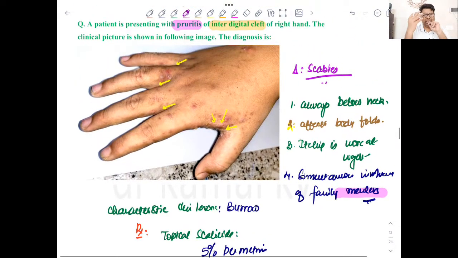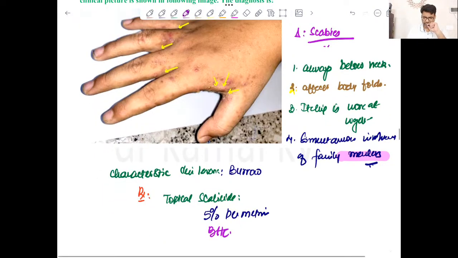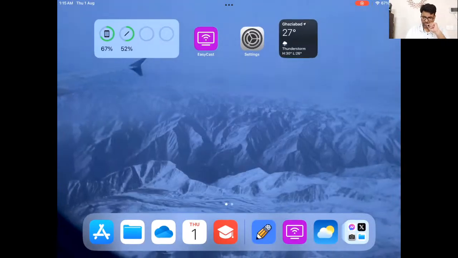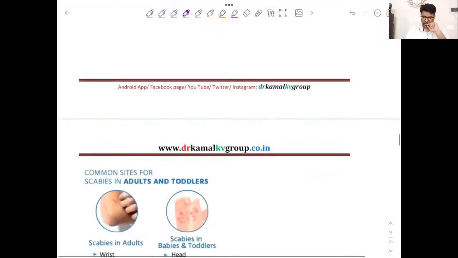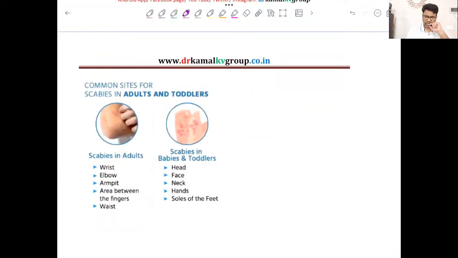And the moment you have any case, yes, Shanawaz, 5% permethrin, any case who is complaining of itching, especially more at night and involving the body folds, don't hesitate to choose scabies as your answer. Chalo. Next question. So here you can see in adults it involves area between the fingers more importantly.